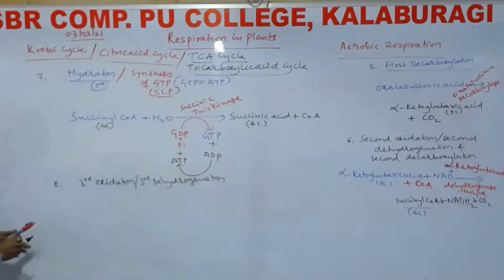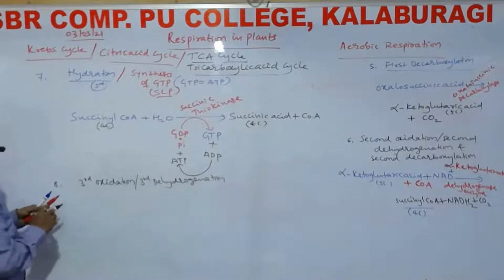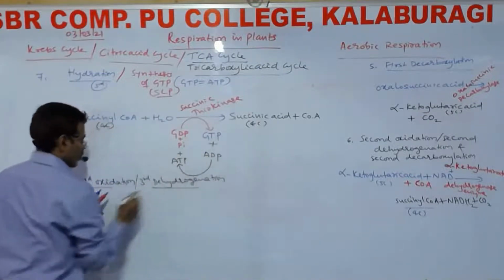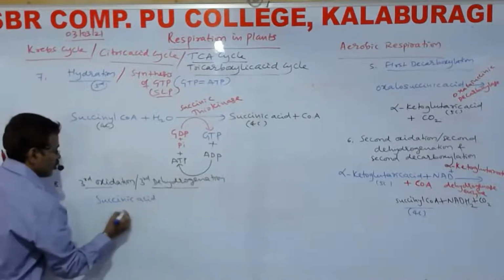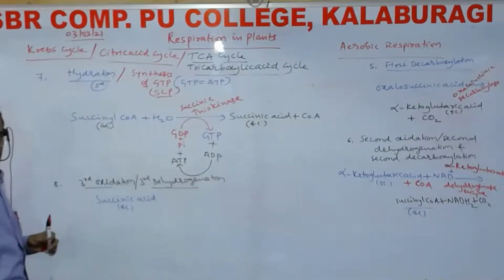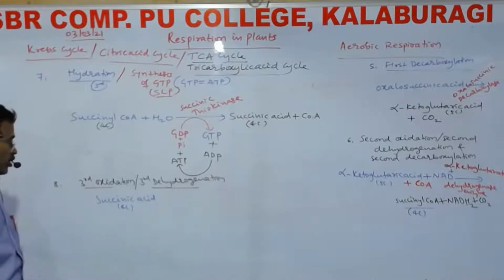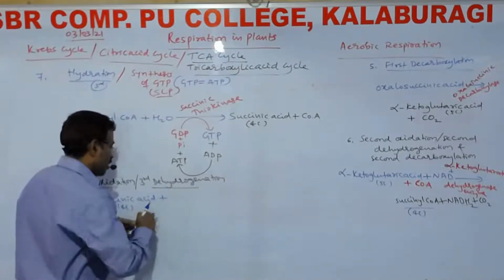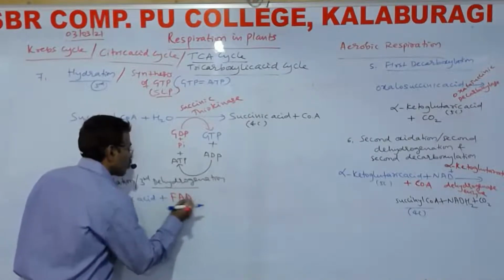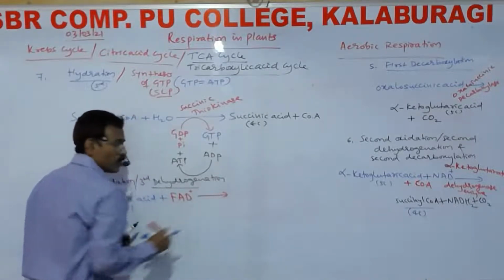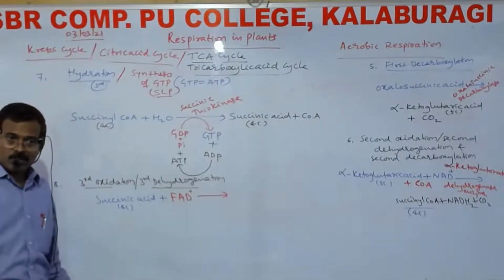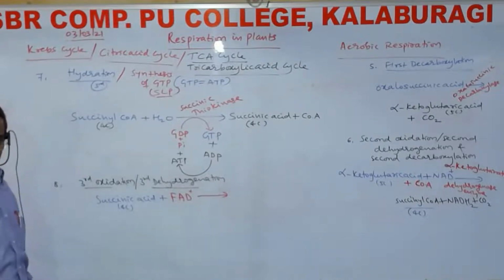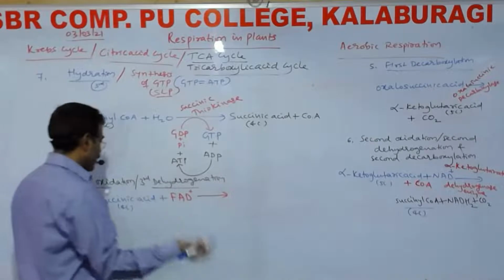So in this step, succinic acid, a 4 carbon organic acid, will undergo oxidation. It will remove hydrogens. These hydrogens are added to another coenzyme, flavin adenine dinucleotide. In step number 4 and step number 6, NADH2 is produced. In step number 8, here FADH2 is produced.